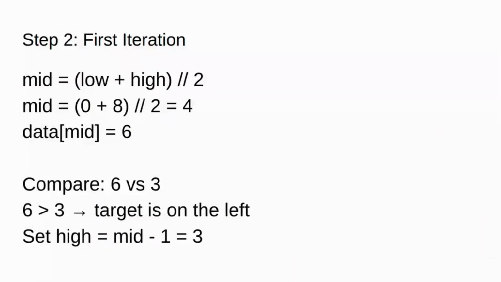In the first iteration, we are going to get the middle, which means looking at low, the start, and high, the end of the range, and then halving it, which is 0 plus 8, halved, that gives you 4, giving us the middle value as 6.